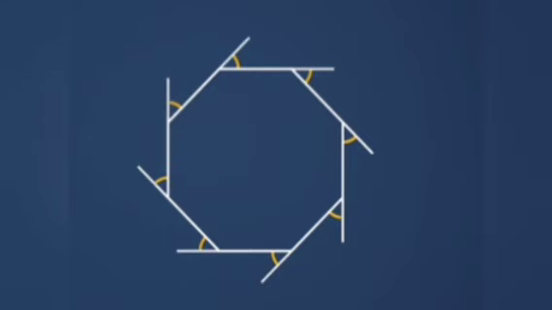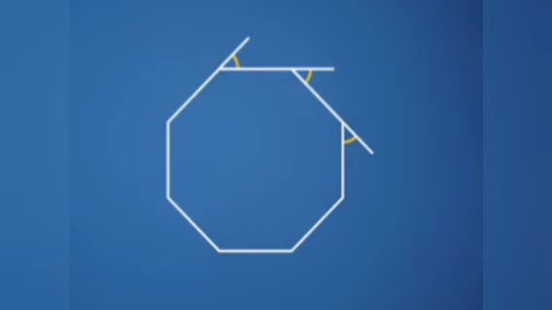Let's think about this octagon and start off with one of its sides. The exterior angle can be seen as the amount of turn to reach the next side. And again, to reach the next side, there is a turn forming another exterior angle. Now, if we keep doing this, then we know that we will get back to where we started from.